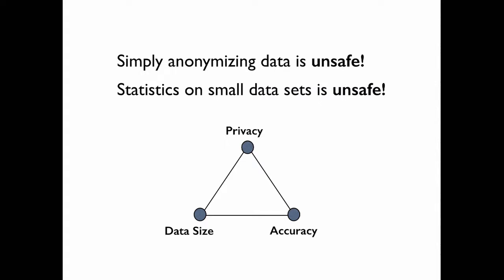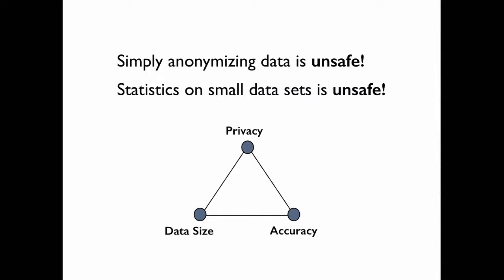Generally, you can get two corners of this triangle, but not all three. If you want to get both privacy and accuracy, you need a lot of data, and vice versa. Different algorithms differ according to what the trade-off between privacy, accuracy, and sample size is, okay?